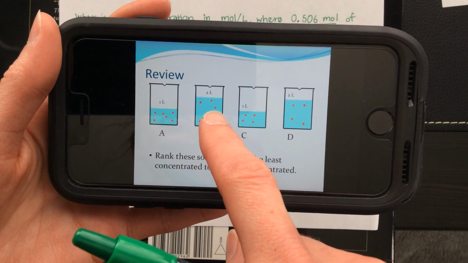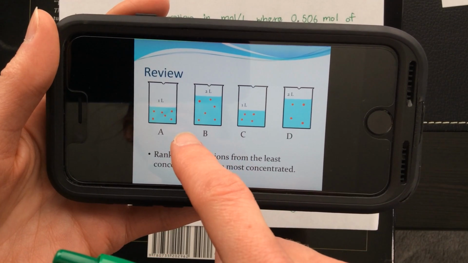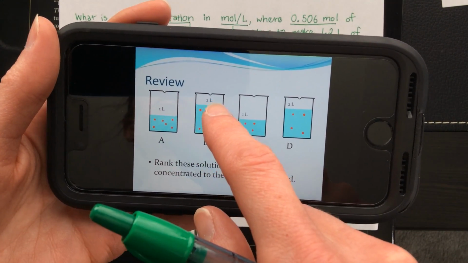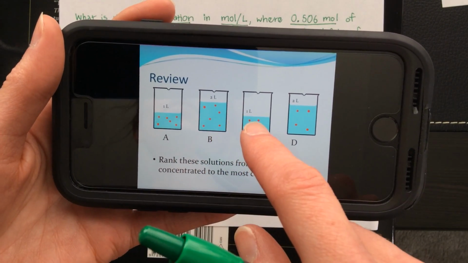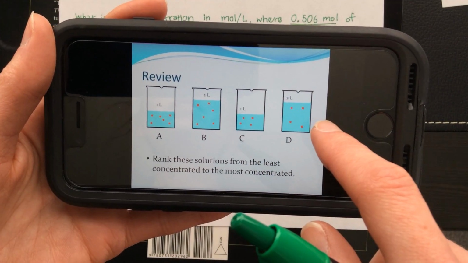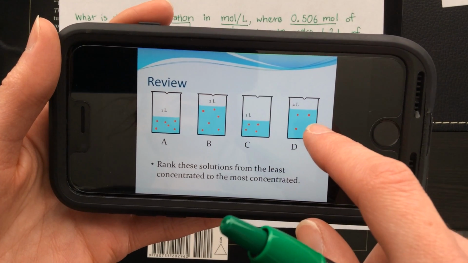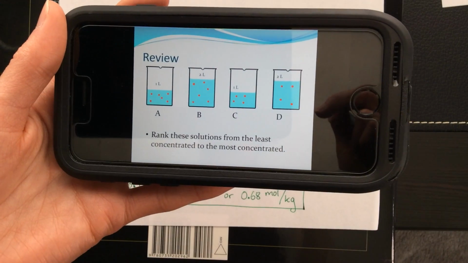This one has 2 liters and it's also got 6 dots. So this is going to be 3 dots for each liter, right? Since it's got 2 liters, each of those liters has 3 dots. This one has 4 dots per liter, and this one has 4 dots in 2 liters, so 2 dots per liter.